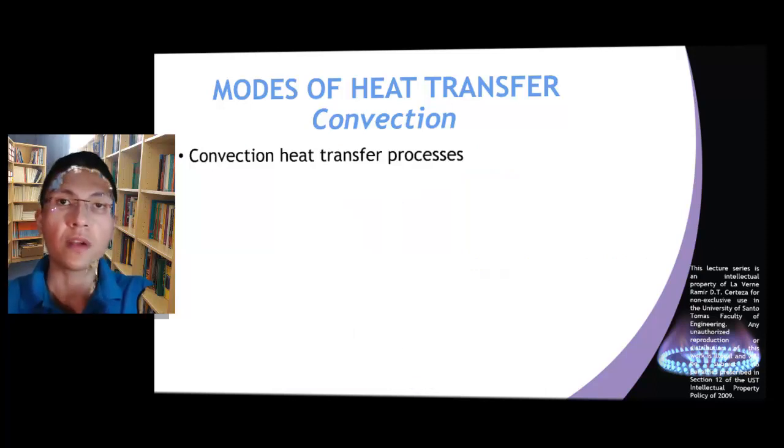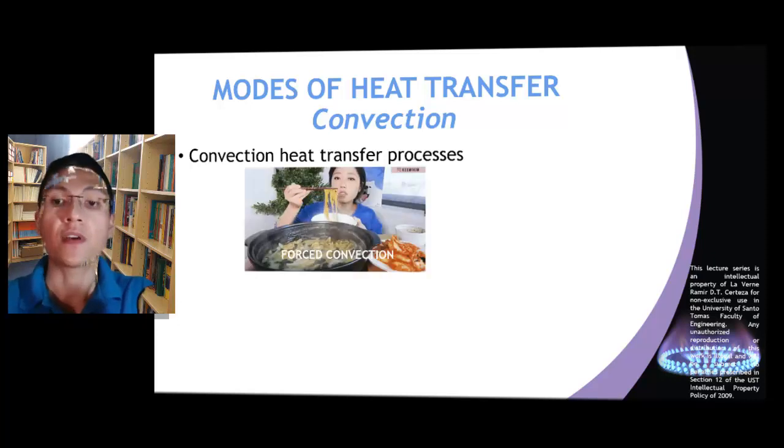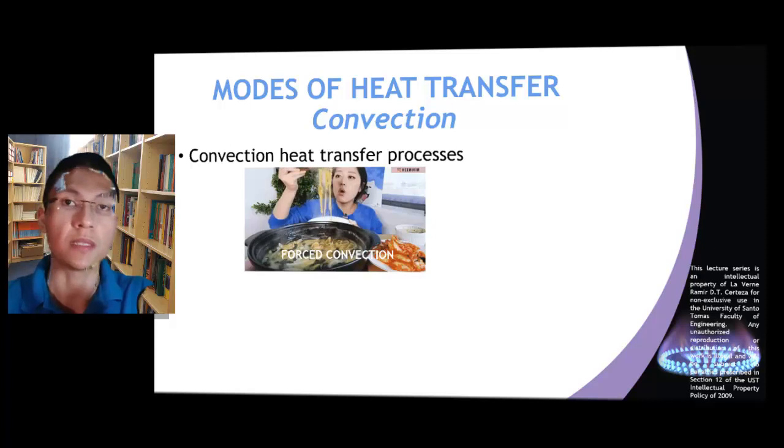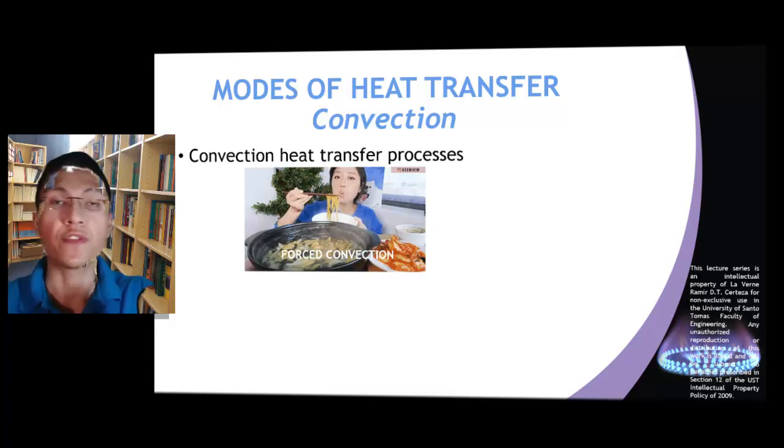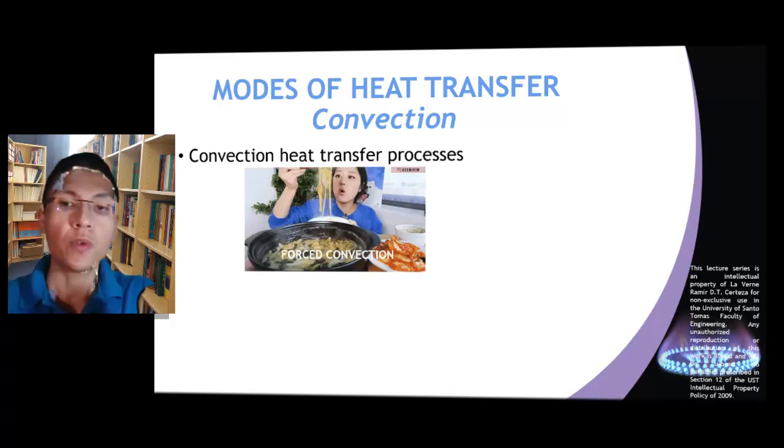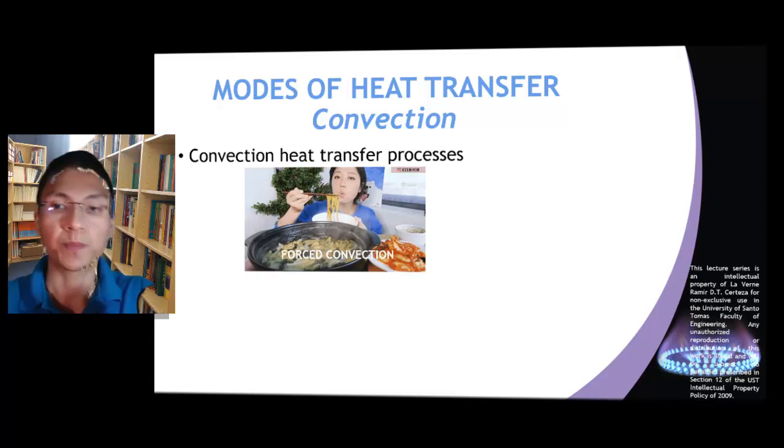Now, there are several convection heat transfer processes. The first is forced convection. This is a type of convection in which we force fluid to flow through a surface using external means, such as blowers or fans. When you try to cool down a very hot soup by blowing, what occurs is forced convection.